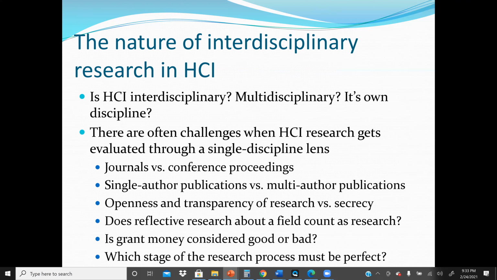For example, journals versus conference proceedings, single-author publication versus multi-author publication, openness and transparency of research versus secrecy. Does reflective research about a field count as research? Also, is grant money considered good or bad? Which stage of a research process must be perfect?